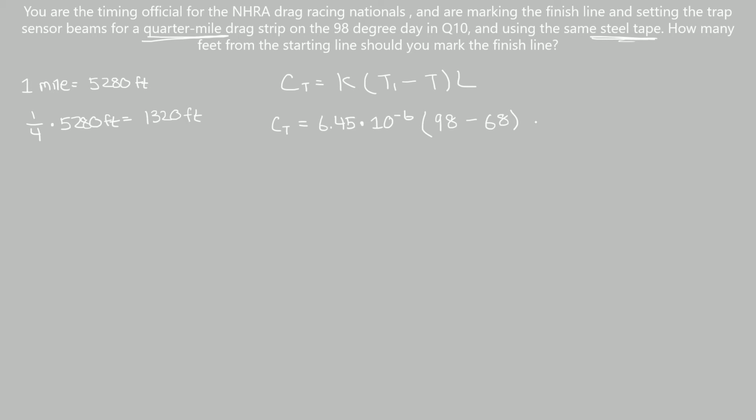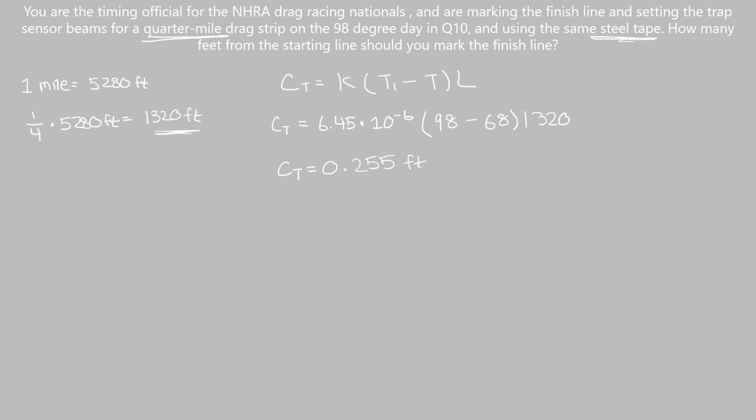And we multiply that by the length, which is 1320. If I plug this into my calculator, I get a positive 0.255, right?